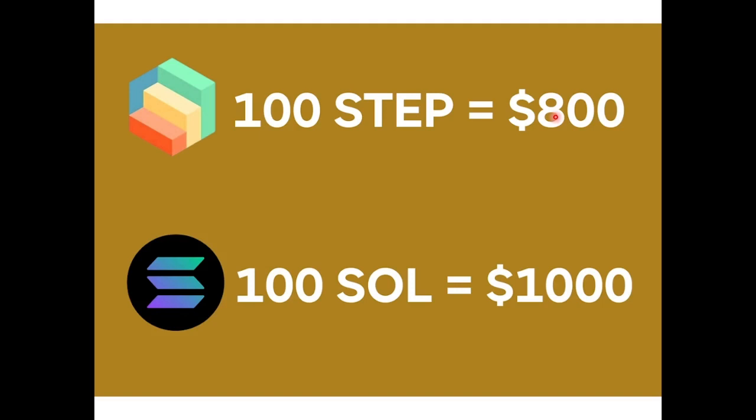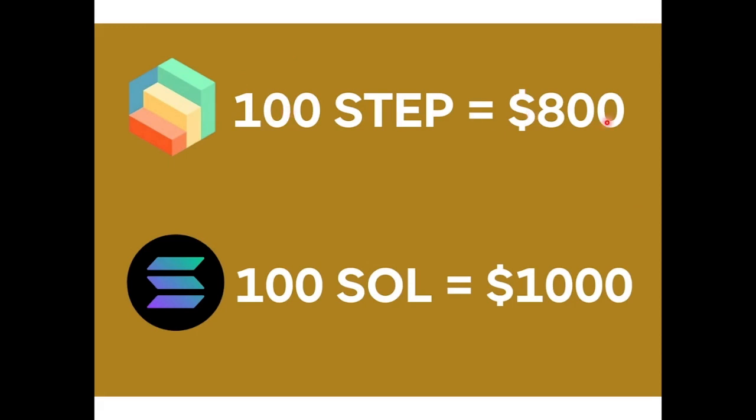Like we said in the previous slide, if 100 steps is $1,000 in value, it means that 1 step is $10 in value. So imagine that 1 step becomes $8 in value. It means that 100 steps becomes $800 in value.